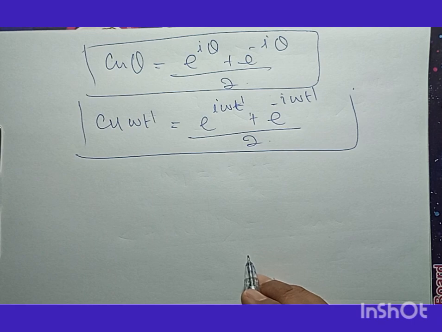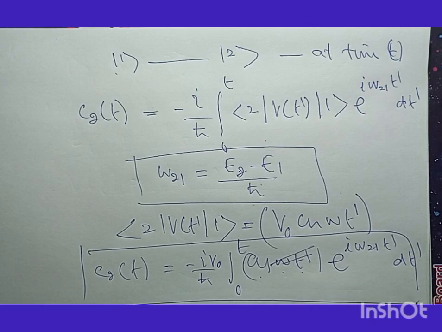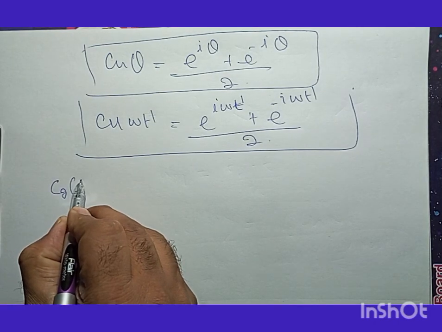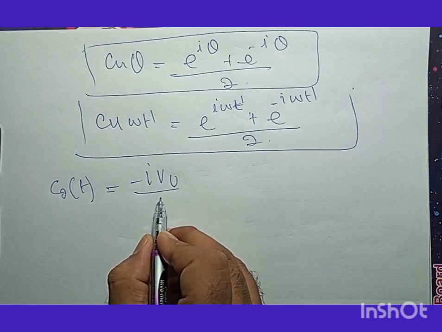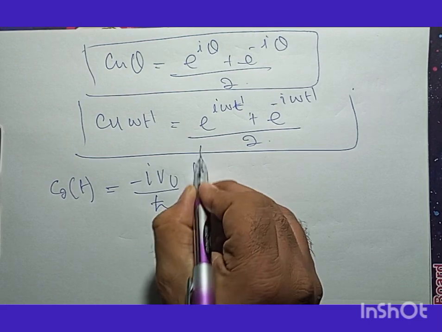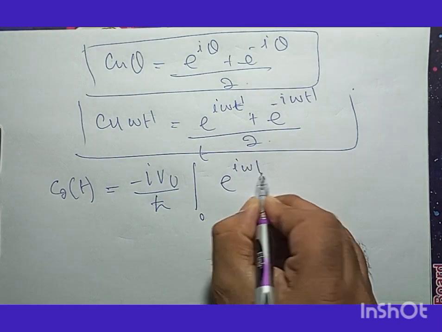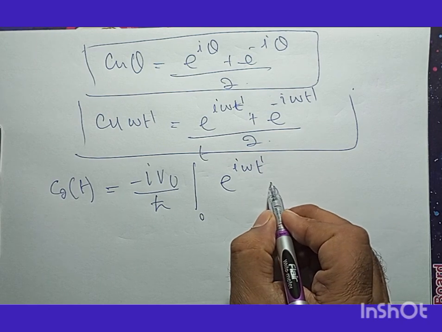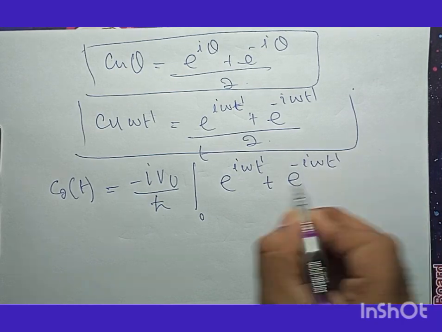That should be the case, and I can use this in my equation here. So for cos omega t', I will be using the result. C2 of t is minus i V0 by h bar, integral 0 to t, and here I have e to the power of i omega t' plus e to the power of minus i omega t'.